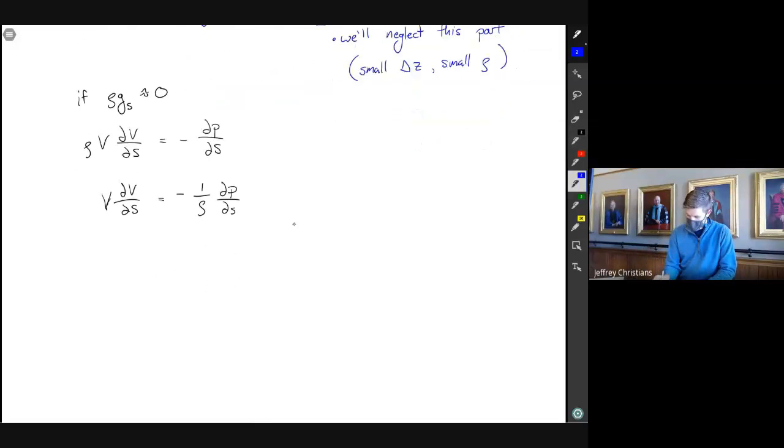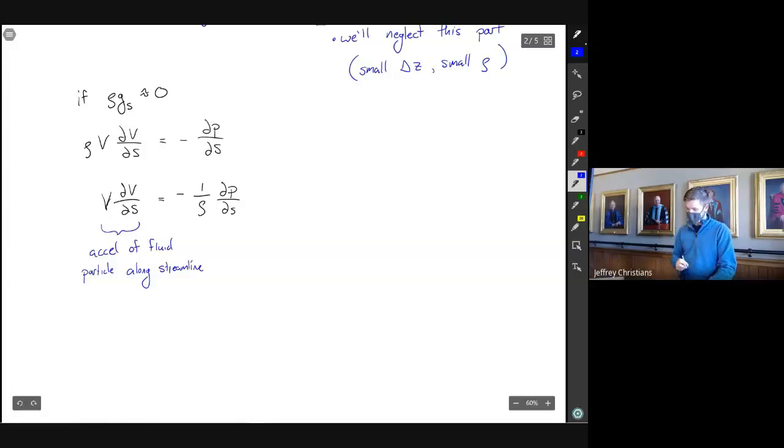So this is the acceleration of the fluid particle along the streamline.